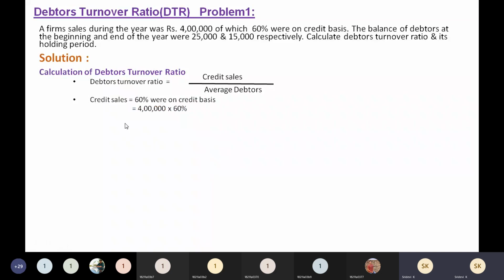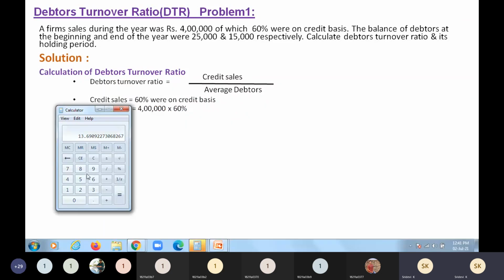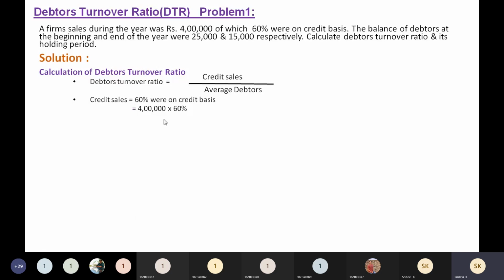What is the amount that you are going to get? Let us see here. Apply the calculator. 4 lakhs into 60%. So 2,40,000 rupees is the credit sales. Okay. So you show here 2,40,000.